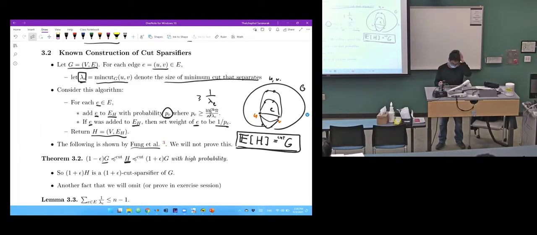So H is a 1 plus epsilon cut sparsifier, maybe with a square here.